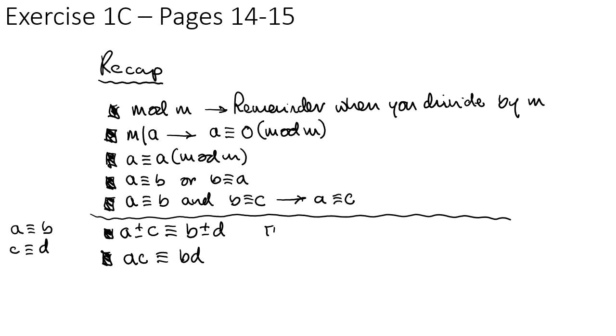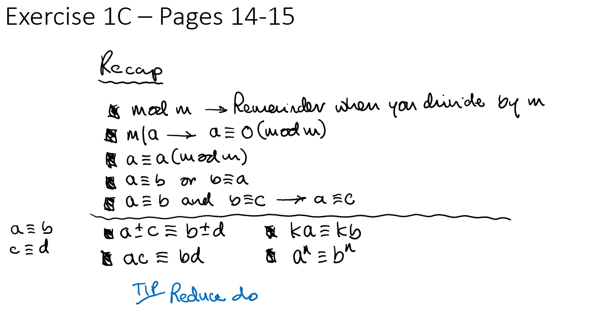We can multiply both sides of the congruency, so a multiple of a will be congruent to a multiple of b, and the last one to do with powers will be a power of a will be congruent to a power of b. So my tip to you when doing these questions is just try and reduce down the numbers in the calculation, particularly if they're big numbers, big powers, to smaller congruent integers.